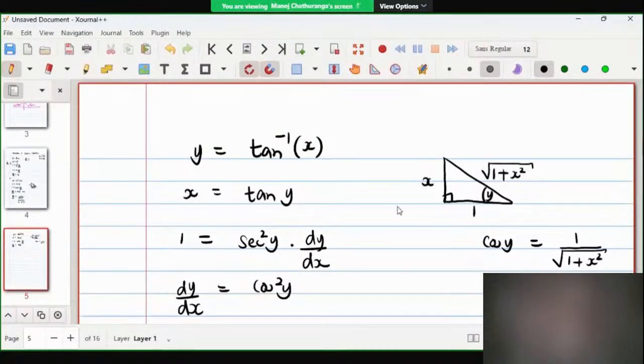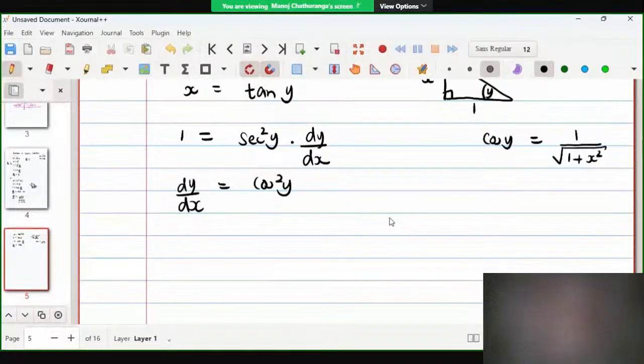Next, dy over dx: cosine squared is just 1 over 1 plus x squared. Just take the square of whatever you have for cosine. Now you have a final answer. You have the derivative as a function of x.